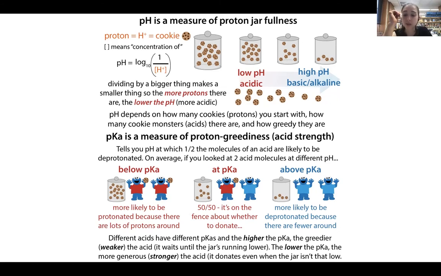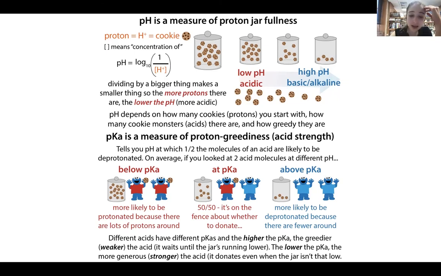And that's why we can define the pKa as a measure of the pH at which that happens, because even molecules at the same pH will have different amounts. So you can have one thing be below its pKa, while another molecule is above its pKa.